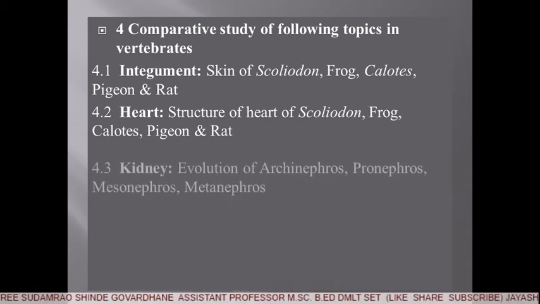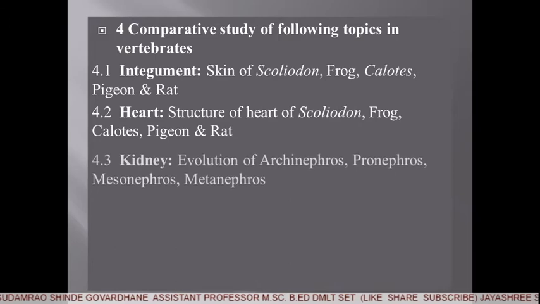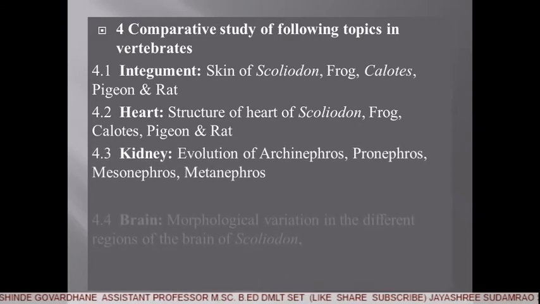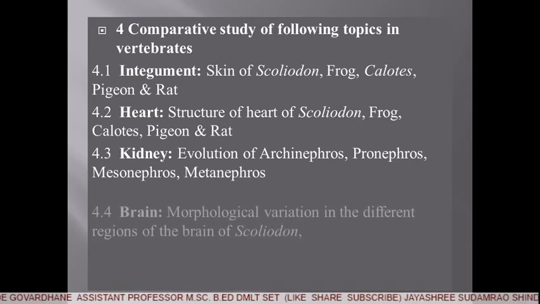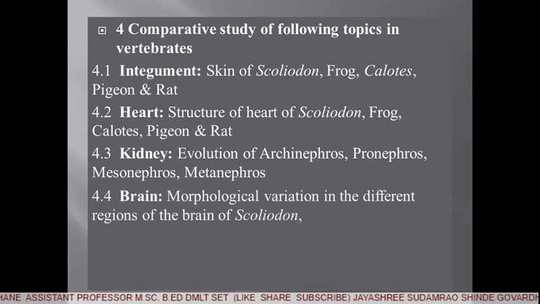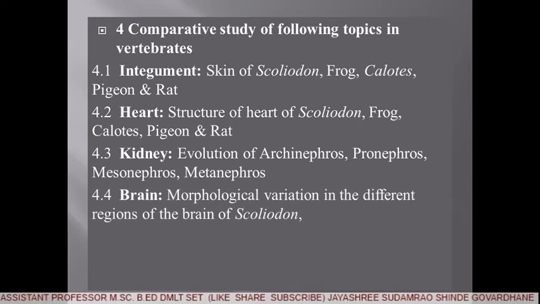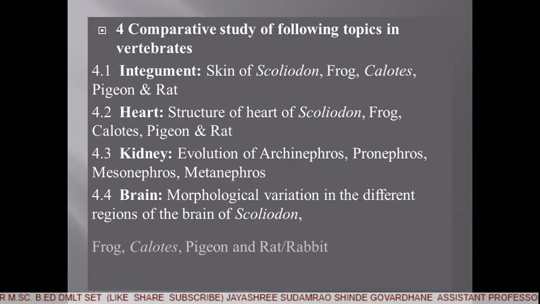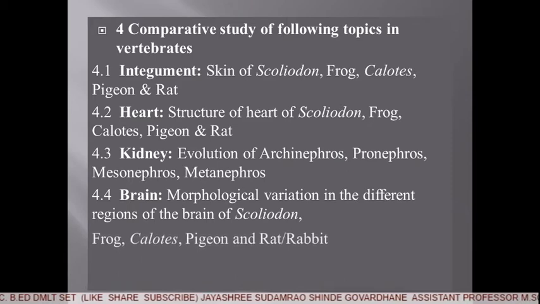Kidneys: evolution of archinephros, pronephros, mesonephros and metanephros. We have to study the brain, morphological variation in the different regions of the brain of Scoliodon, frog, calotis, pigeon, rat and rabbit.